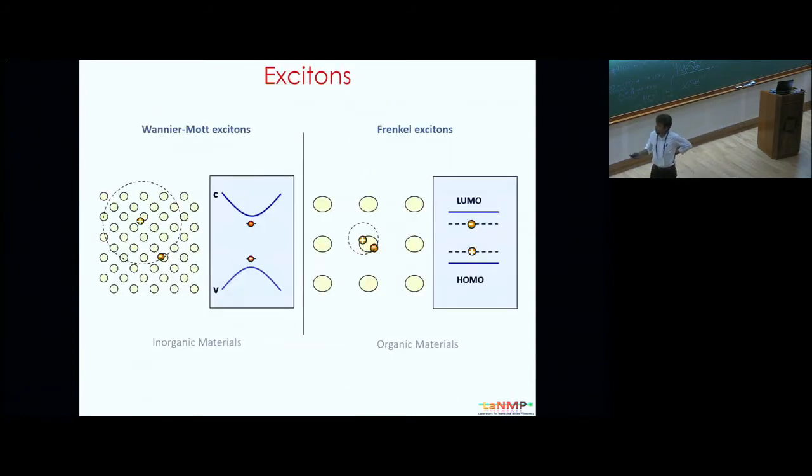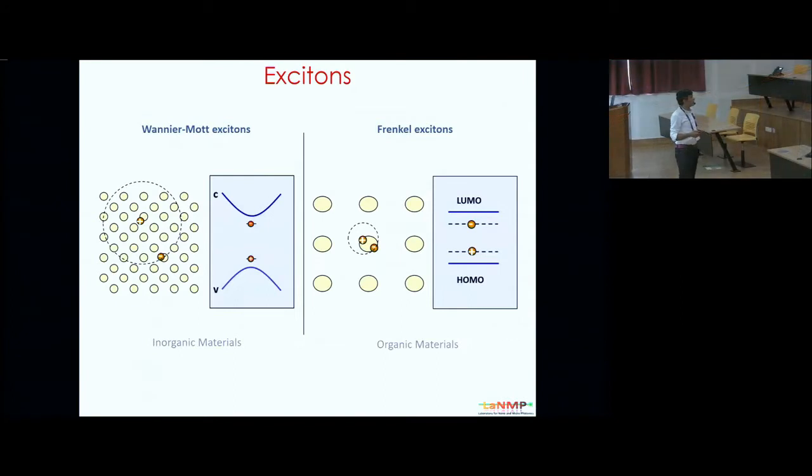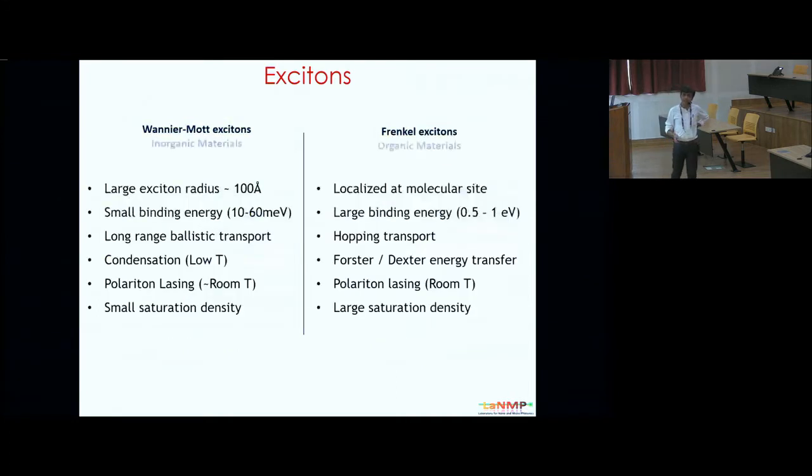I'm going to do a quick introduction to excitons. I don't really need to do this for this audience, but I just want to make a distinction between Wannier excitons, which is what most of us deal with in inorganic semiconductors, and Frenkel excitons, where the electron and the hole, if you think about it in that language, sit at the same molecular site. The distinctions between the two are, when you talk about Wannier excitons, they have a large Bohr radius.